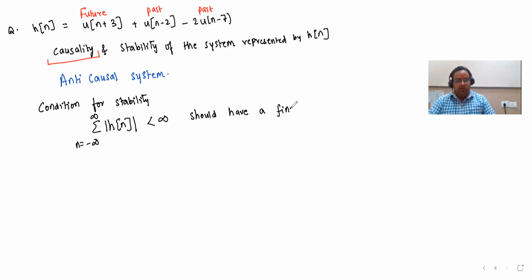The summation of h of n should have a finite value.